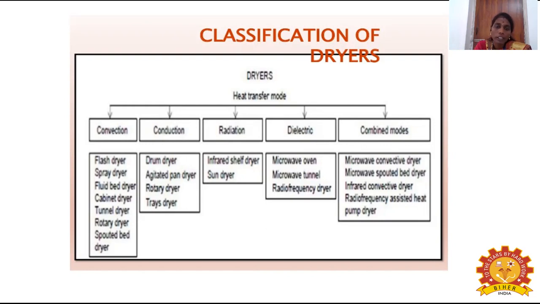Then conduction: the drum dryer, agitated pan dryer, rotary dryer, and tray dryer. Radiation: the infrared dryer, shelf dryer, and sun dryer. Then dielectric mode: the microwave oven, microwave tunnel, and radio frequency dryer.